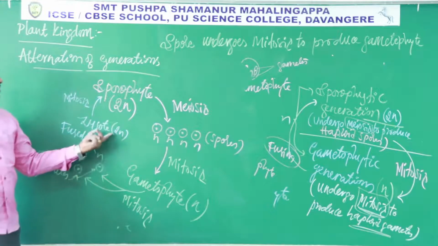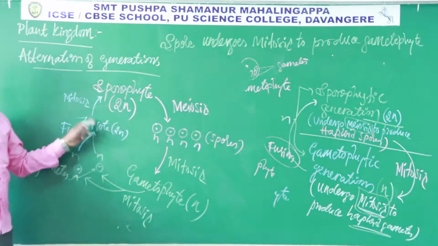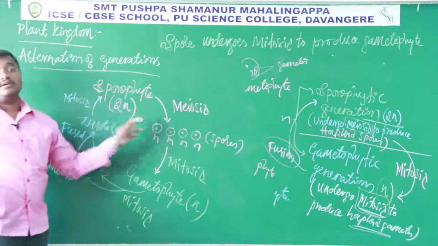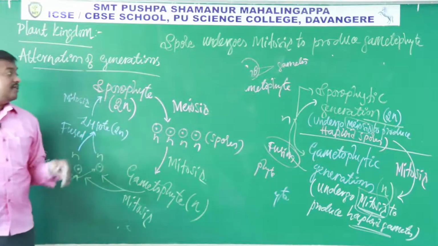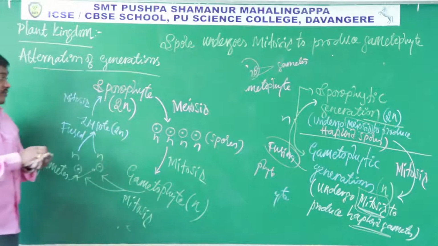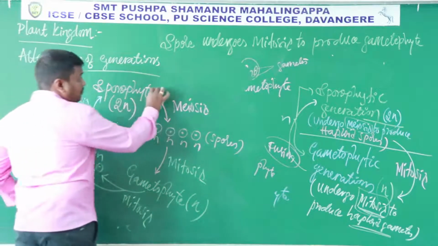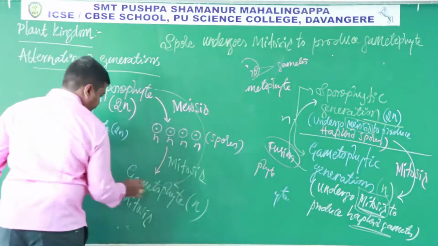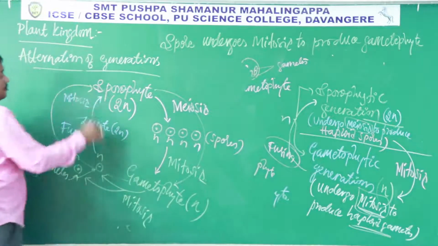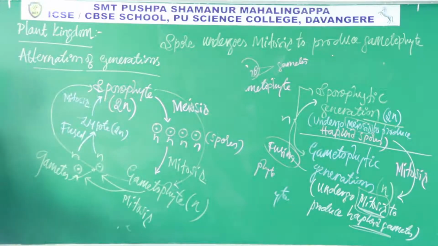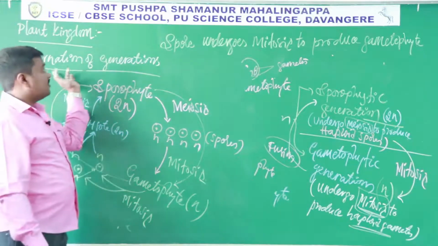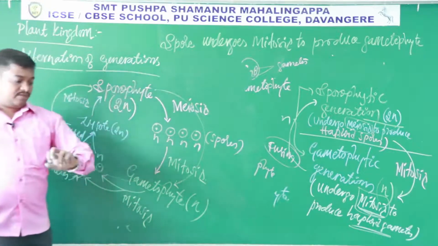That zygote represents the initial stage of a sporophyte. This zygote again undergoes mitosis to form the sporophyte. Okay, so this is about the alternation of generation. That means sporophyte to gametophyte, gametophyte to sporophyte. There will be a cycle in plants called alternation of generation.